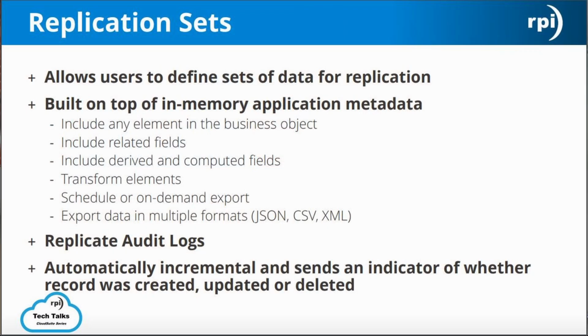So here's touching on that. These are user defined, so you can select the business classes and the fields within that business class that you want to export and replicate out. You can also include derived fields and computed fields, which, if you've done any work within CloudSuite and the Landmark utilities, you know can be very powerful.